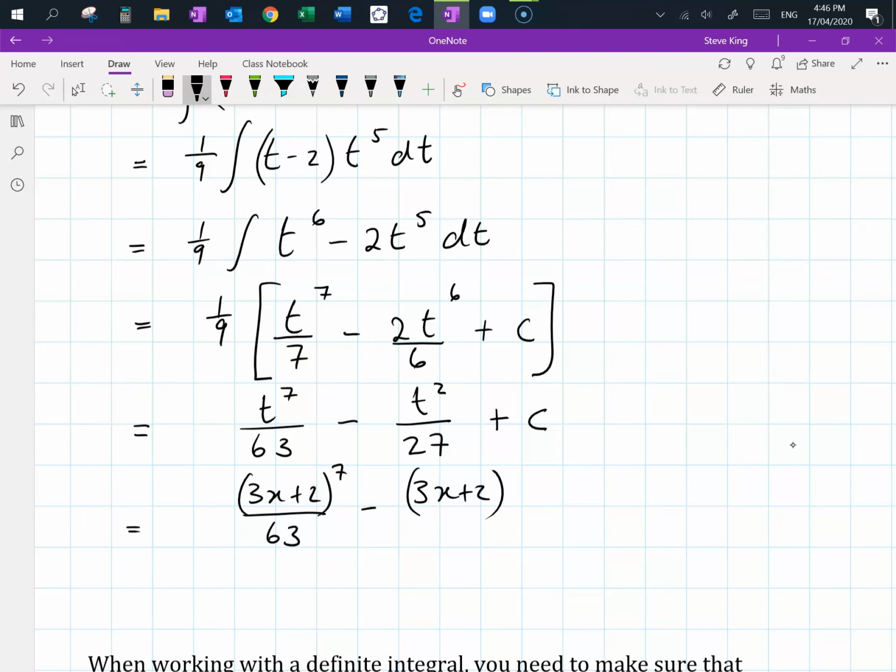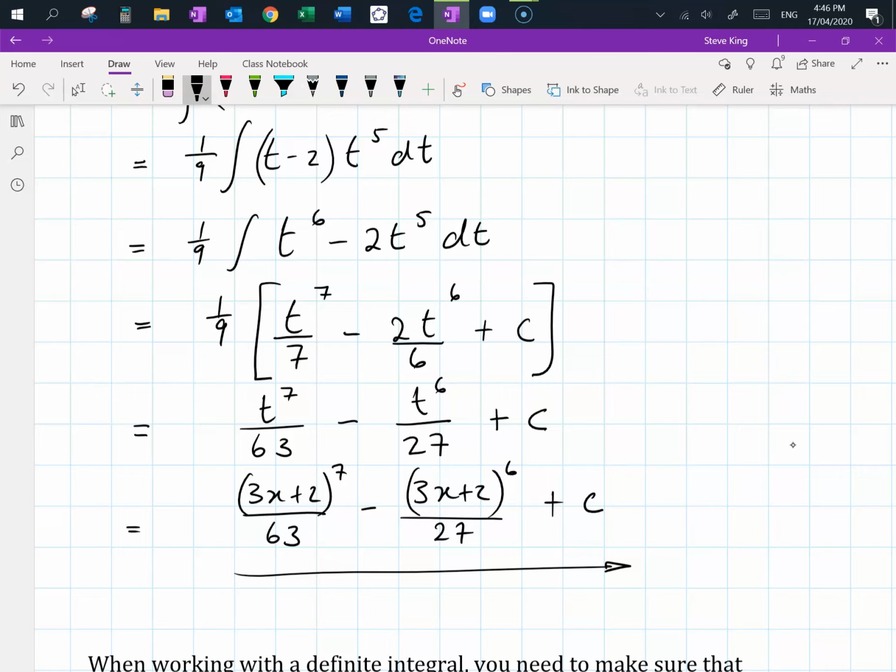I don't know why I put a 2 over there, it should be a 6. (3x plus 2) to the power 6 over 27 plus c. Obviously we can tidy that up a bit further, but I think that is a good enough point to leave that.